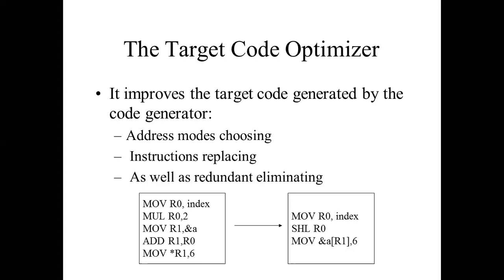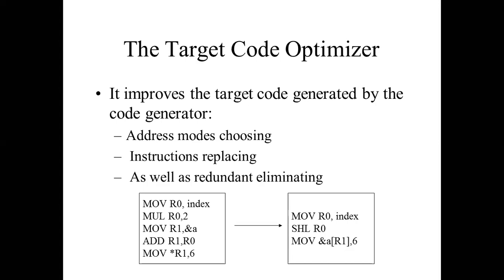Here we also eliminate the redundant expression, meaning no need to write the same expression again and again, or the expression which is useless. For example, we are storing the same item in R0, and again we are taking move R1, and this is available at the address of A, and then add R1 to R0, and then move star R1 comma 6.